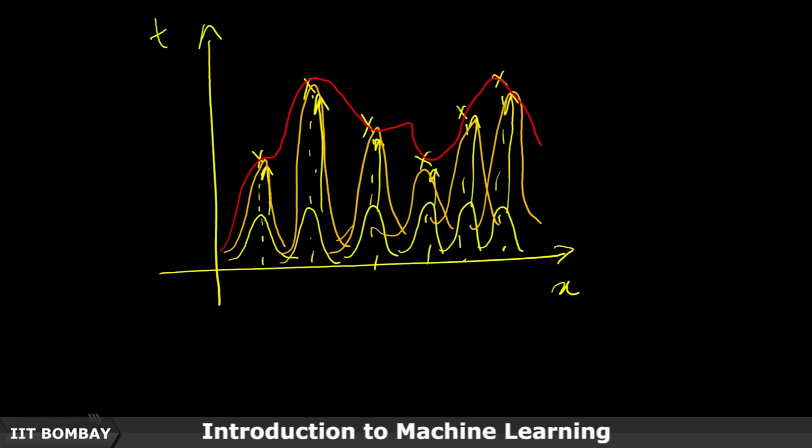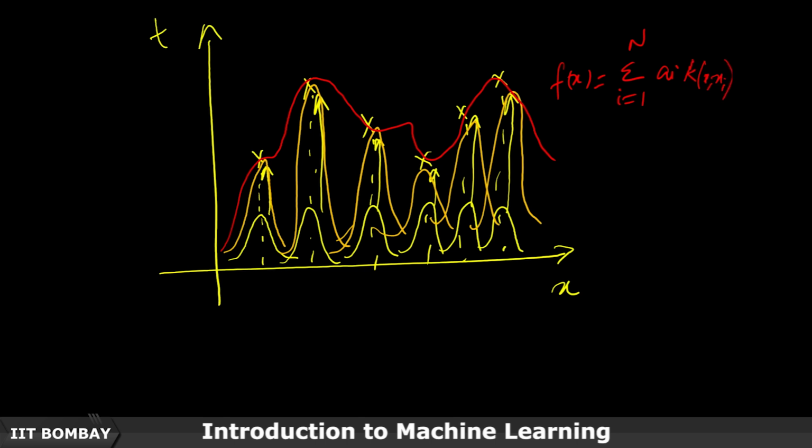That smooth interpolated function is f of x, which is now the sum over i equal to 1 to n, of some constant, let's say a_i, times this function k of x comma x_i.